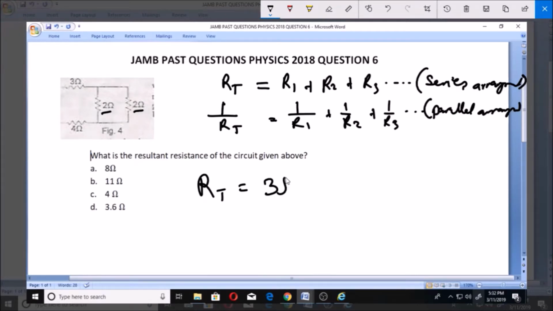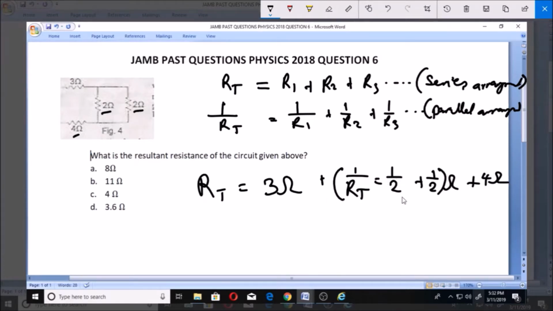You have this 3 ohm, but these two are in parallel, so you add them by saying 1 over R total equals 1 over 2 plus 1 over 2. Then plus this one, which is also in series with the total arrangement, 4 ohm.